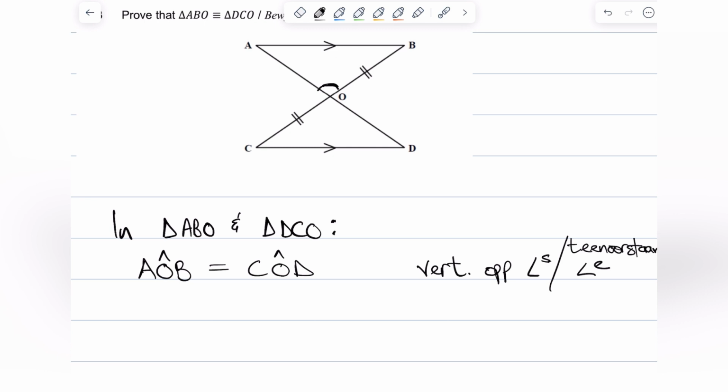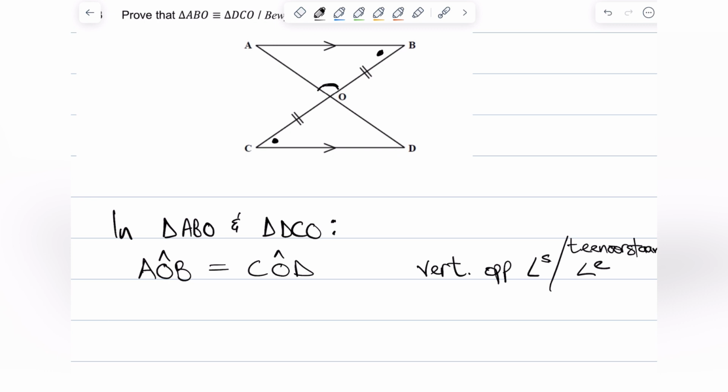Right, so that's the one. Then we also noted that angle C is equal to angle B, because of the Z shape there, we've got parallel lines. Now I mentioned angle C first because it was at the bottom here, but in terms of the order in which you wrote the triangle, ABO, you would need to mention angle B first.